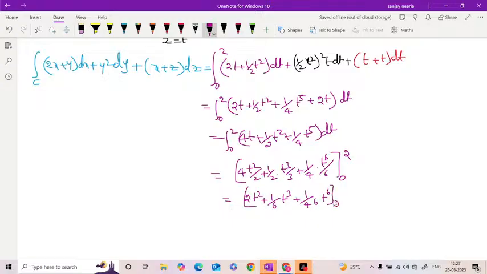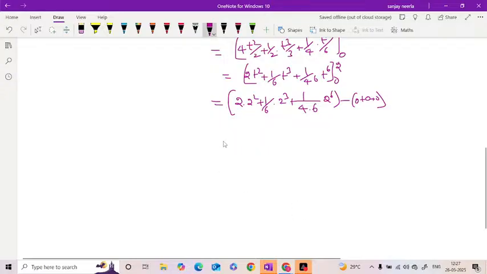Limits 0 to 2. Upper limit is 2. So 2 into 2 square plus 1 by 6 into 2 cube plus 1 by 4 into 6 into 2 power 6, and lower limit entirely 0. So 0.